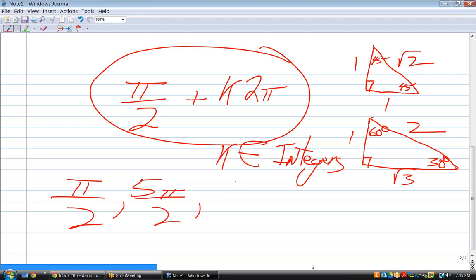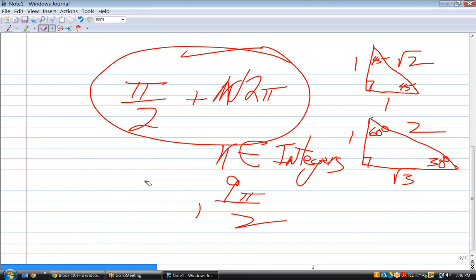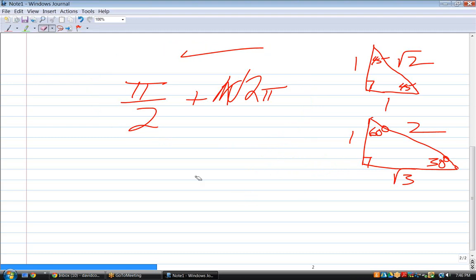And when K is 2, we get 9 pi over 2. In other words, if they don't really specify a domain, then they kind of really mean all of those. And you can define all of these with this kind of an answer. And it's not always K, sometimes it's N, but it means the same thing. It means either N or K is a member of all integers.